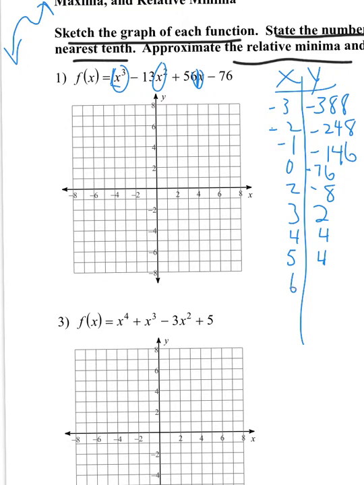If I plug 6 in, I get 8. If I plug 7 in, I get 22, and I'll stop there. Now, what goes on right here is an interesting point. It's not going to be completely level at x values of 4 and 5, even though both came out 4. That's where the turning point is, where it goes down and comes back up again. We might have to look at some values in between 4 and 5.